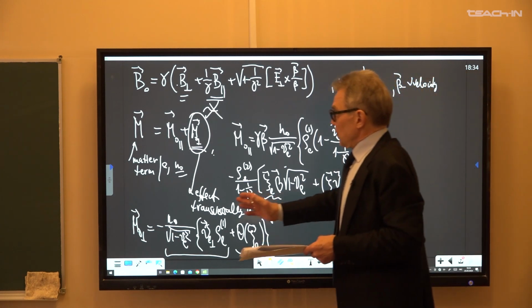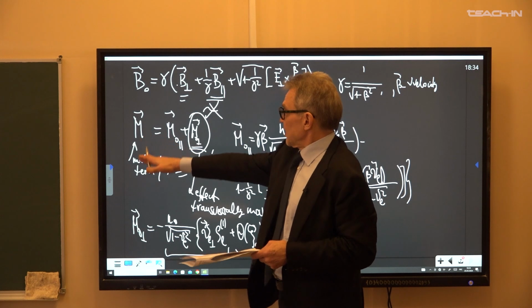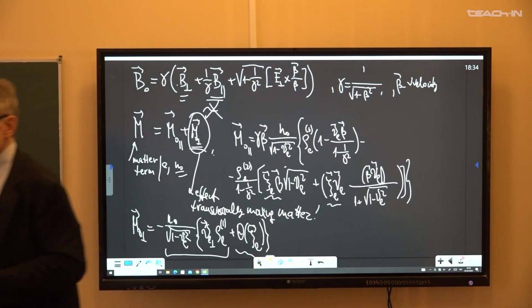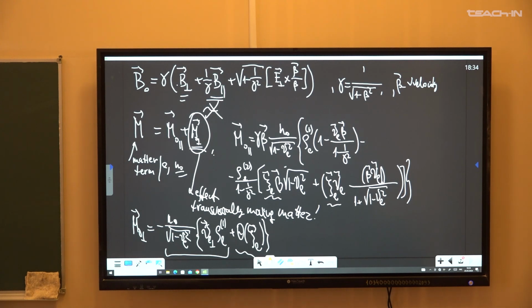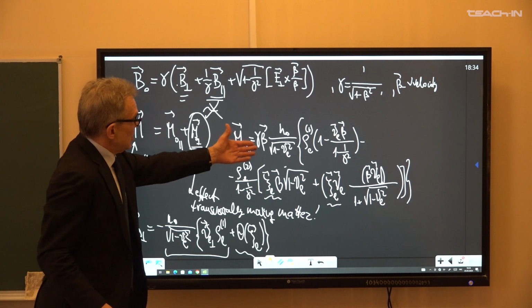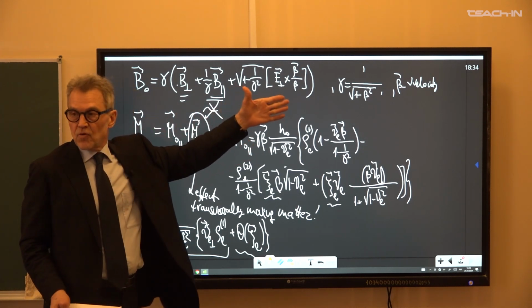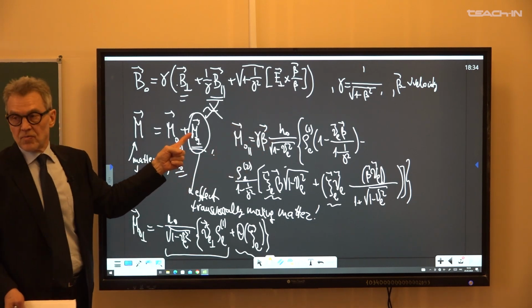This is a contribution to this effective M that describes weak interactions of neutrinos of a particular type that we are considering with the moving matter. The first term is due to interaction of neutrinos with longitudinally moving matter, and this is transversally moving matter.